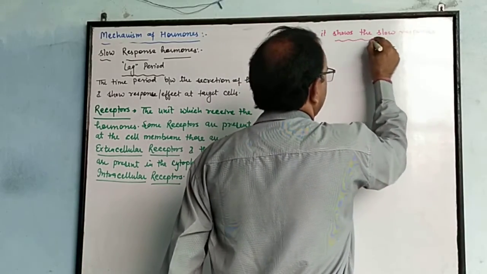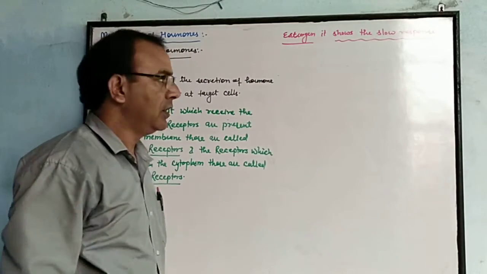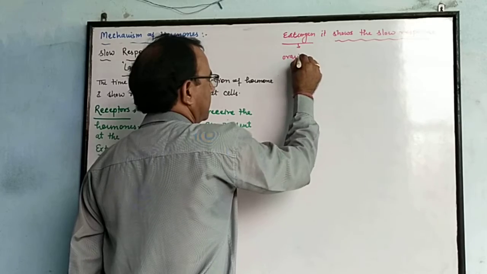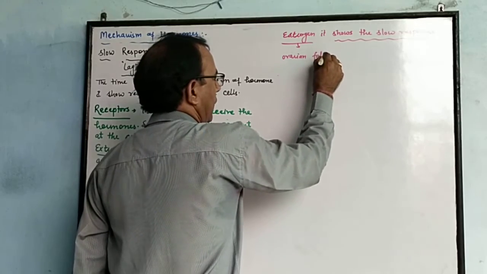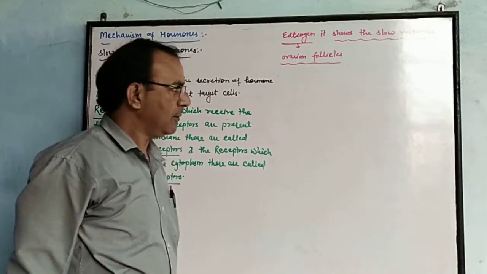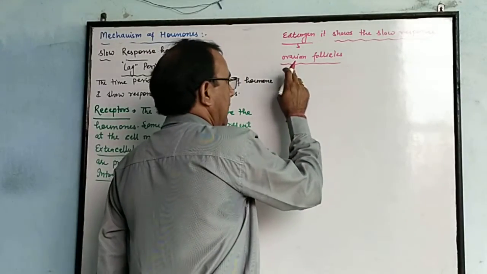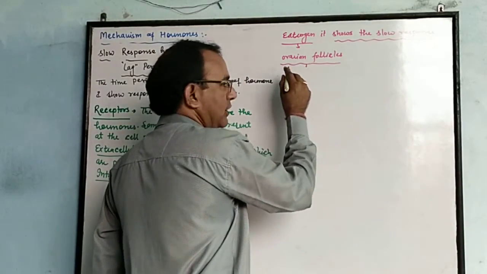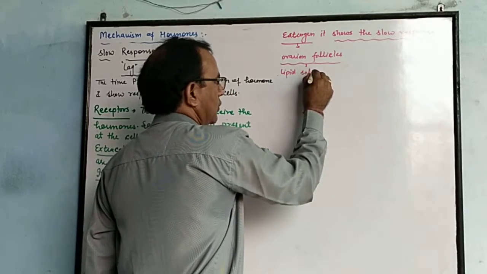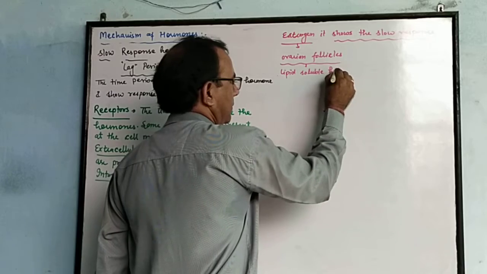How can the response be seen with estrogen? Estrogen is secreted by ovarian follicles. Estrogen is a lipid soluble hormone.